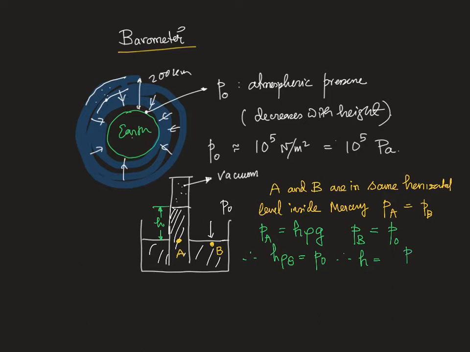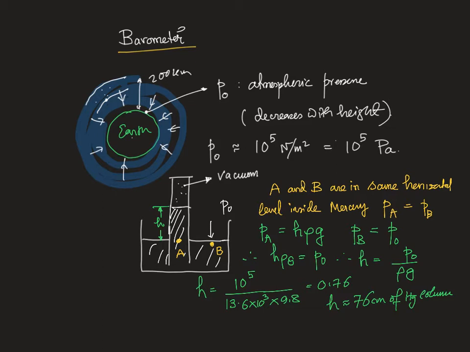So therefore H is equal to P naught by rho G. If you put here 10 to the power 5, and rho, density of mercury, is 13.6 times 10 to the power 3, and G you substitute 9.8, then you get 0.76, or the height is 76 centimeter of mercury column. That means sometimes you say the atmospheric pressure is 76 centimeter of mercury column, and this is the meaning of that statement, that the atmospheric pressure is equal to the pressure exerted by 76 centimeter of mercury column.